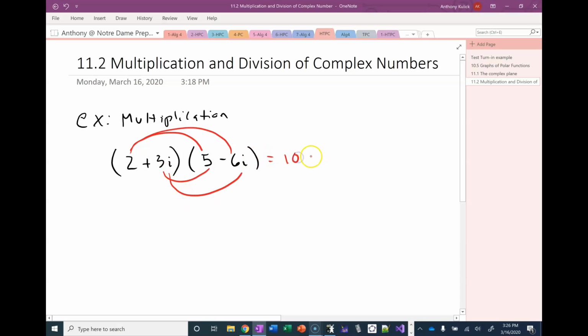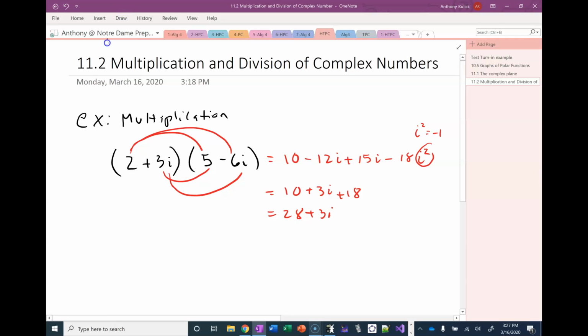So we'd get 10 minus 12i plus 15i minus 18i squared. And then we would have combined our like terms to get 3i. And remember that i squared is equal to -1. So that negative 18i squared turns into just plus 18. So that becomes 28 plus 3i.